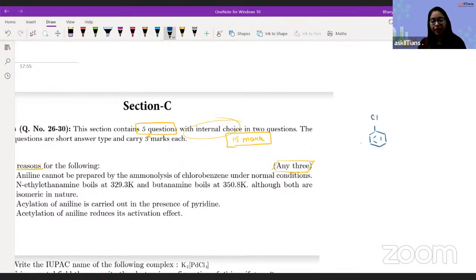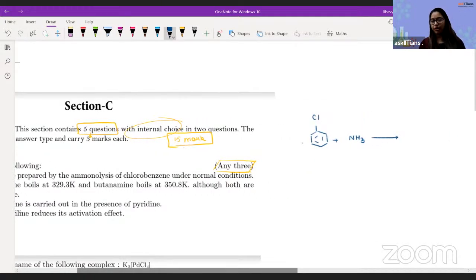So they want that in chlorobenzene, when ammonia gas is reacted, it should do the simple substitution like this. So nitrogen should attack here at this carbon and the chlorine should go.